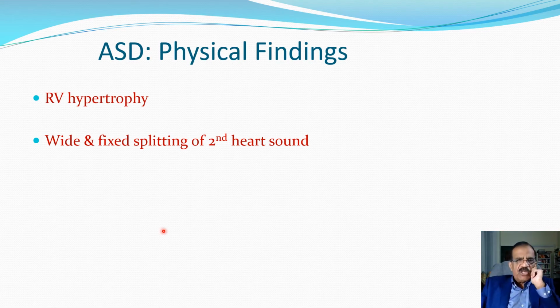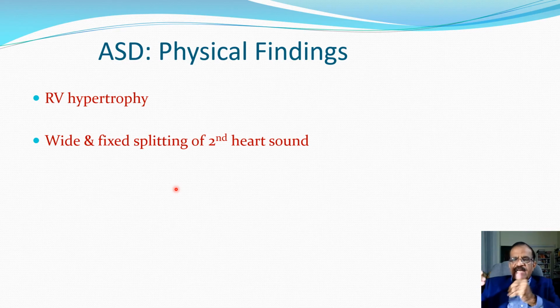But in these patients, since the right-sided venous return is already more than usual, there is wide splitting of the second sound. Now, once we take a deep inspiration, further splitting does not occur. Why? Because of the communication between the two sides, the pressure differential does not develop.